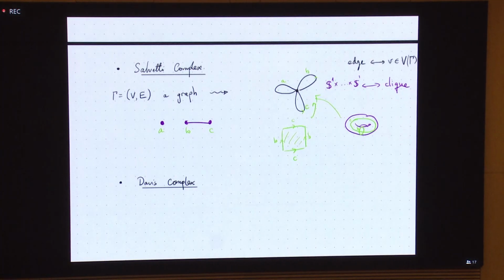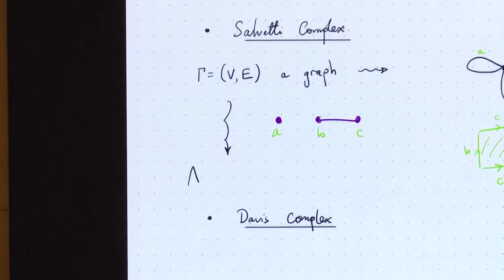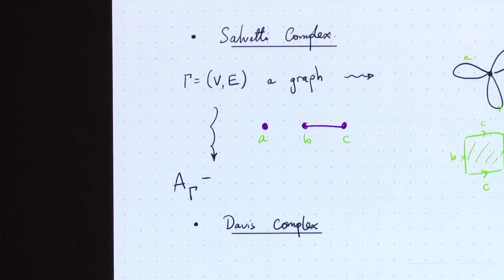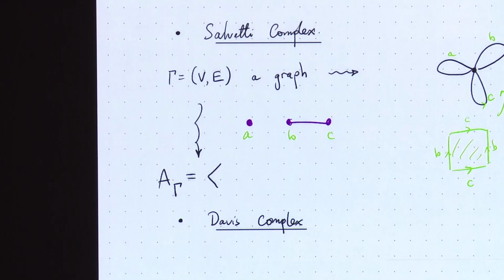Okay, and maybe let me add that this also corresponds to a group called the right-angled Artin group of gamma, which is the group generated by the vertices of V gamma. I'm going to write a group presentation. If you know it, good. If you don't, this talk is not about groups.